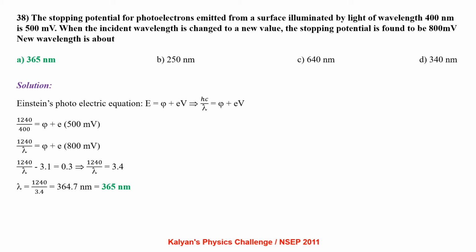The value of hc is approximately 1240 electron volt nanometer. So 1240 by 400 equal to phi plus e into 500. 1240 by lambda equal to phi plus e into 800. Upon solving these two equations, we get lambda equal to 365 nanometer.